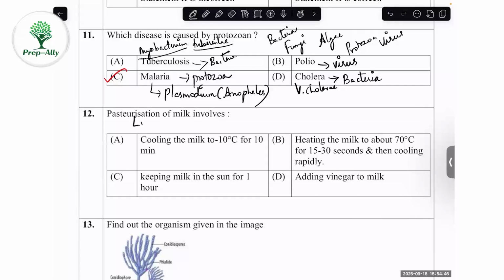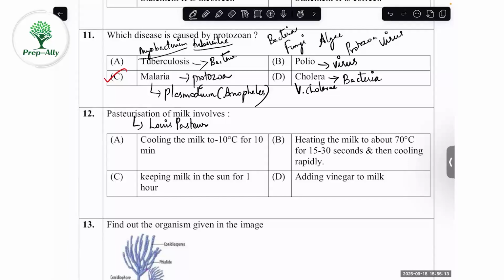It was introduced by Louis Pasteur to avoid the spoilage of milk. So it is heating and consequently cooling.